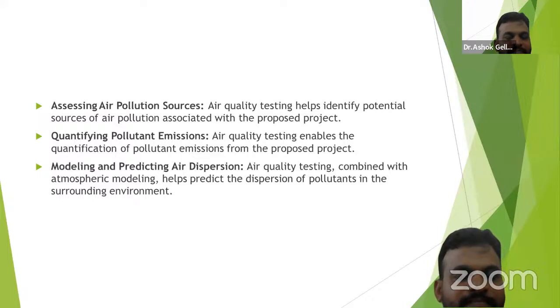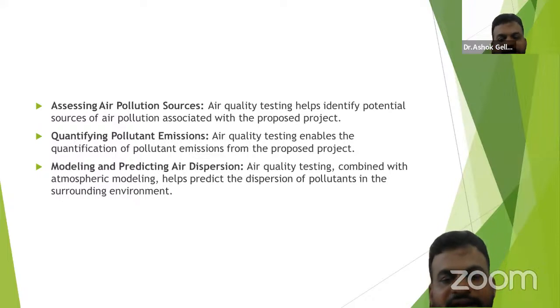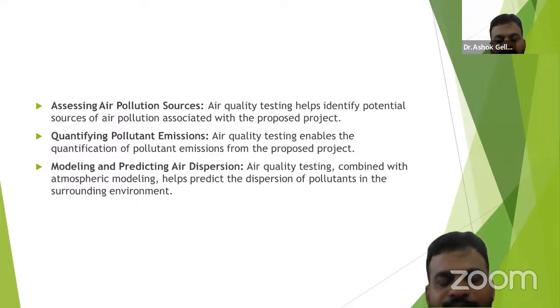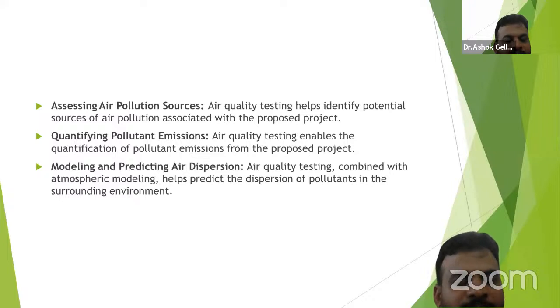The authorities give standards and guidelines, for example, the state pollution control board, the central CPCB, and environmental impact assessment authorities that quantify the pollutant emissions. So we should comply with the regulatory standards and guidelines.